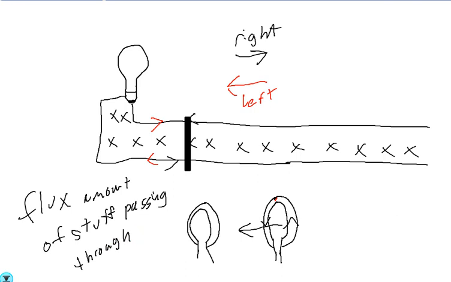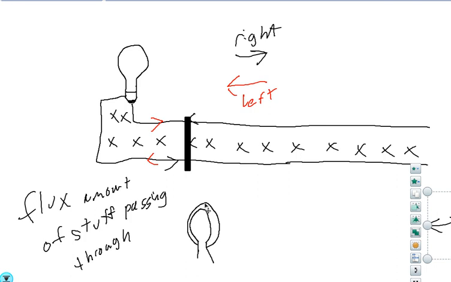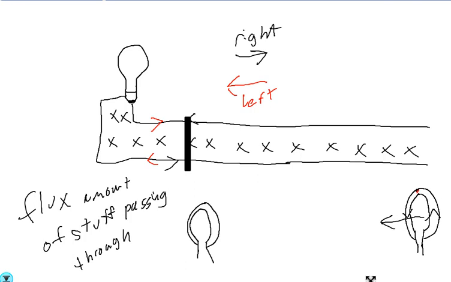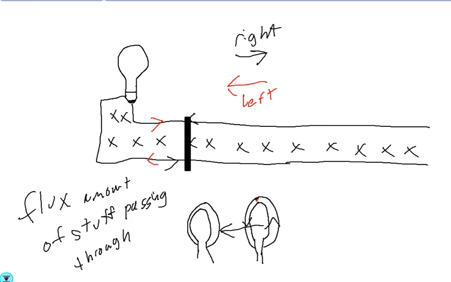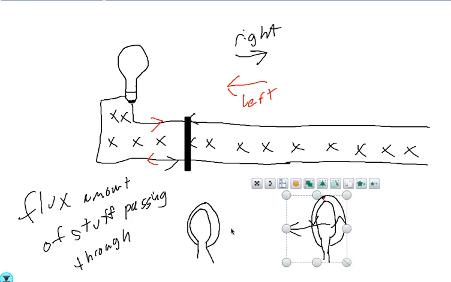So if these two things are really far away, then there's no magnetic field passing through this one because we haven't put a current through the wire. But while we are bringing this one closer, Mother Nature is saying, oh, there's more magnetic field coming in through here, and I don't like it, so I'm going to make a magnetic field that's pushing in the opposite direction.